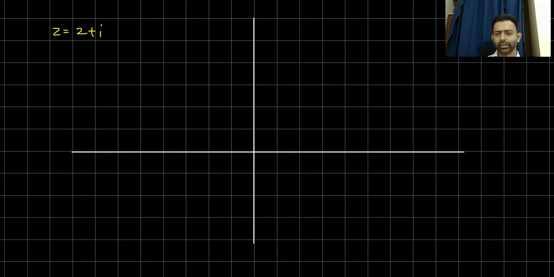So, z is 2 plus i. This is our Argand plane.